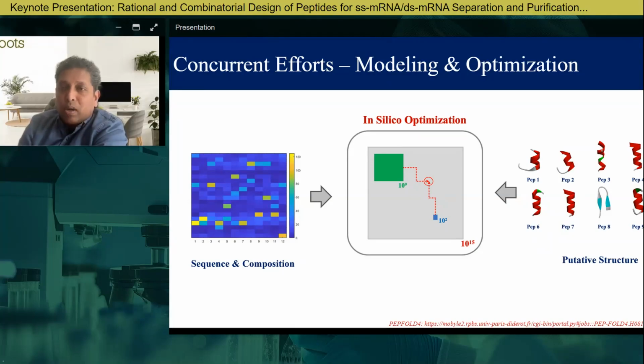That is work that is still in progress, and I would love to share with you perhaps at another venue once it's fully done. But we are seeing some exciting results where we can start saying something intelligent and insightful about how sequence, composition, structure of a short peptide ligand all come together for it to be an effective binder to an RNA molecule, whether it's single stranded or double stranded.